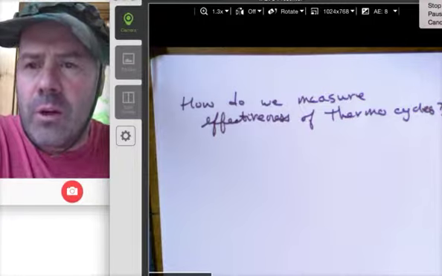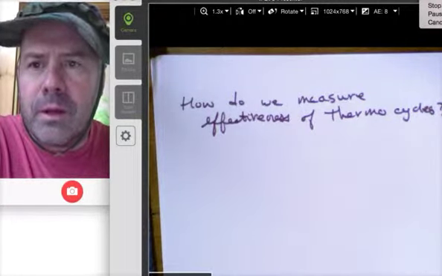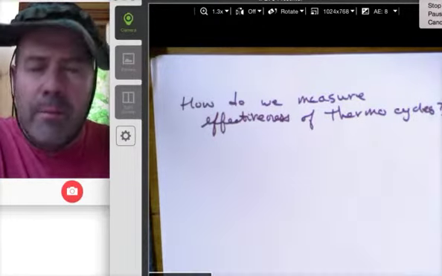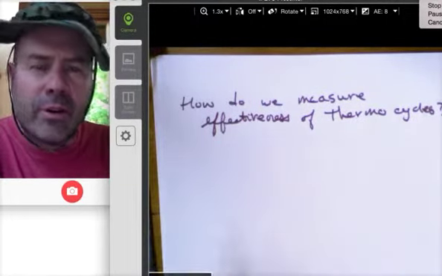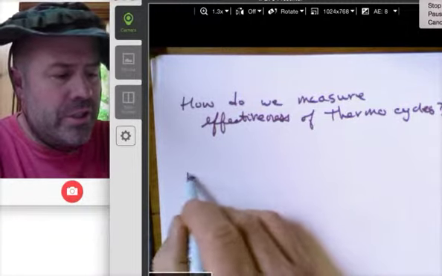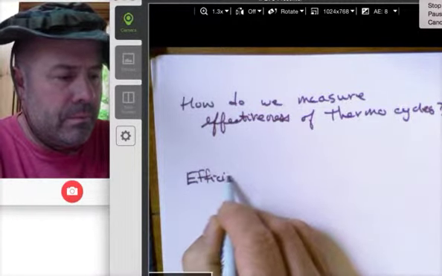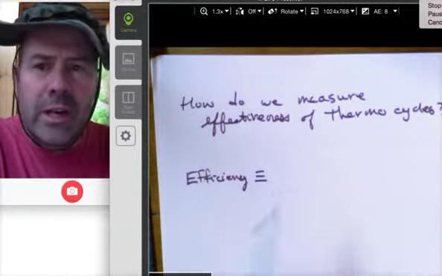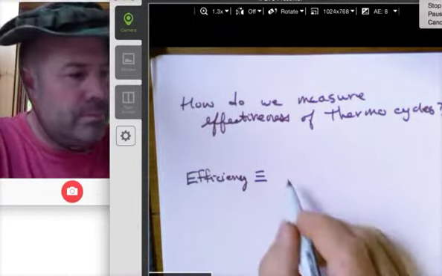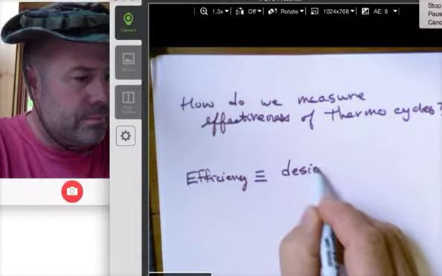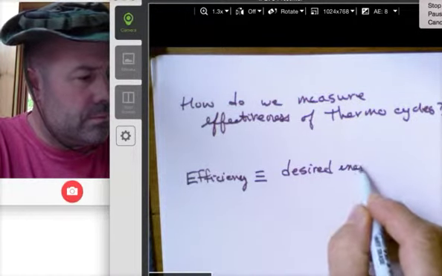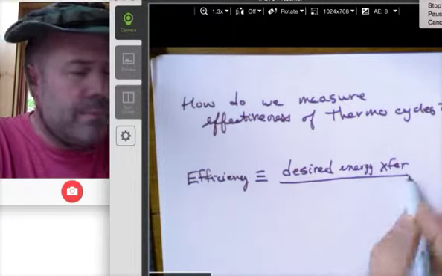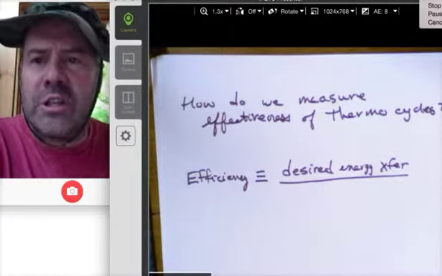And we do it with something called an efficiency, a thermodynamic efficiency. So I'm not going to put a symbol down. I'm going to save that for another time. But the efficiency of any cycle is the desired energy transfer divided by the energy cost.